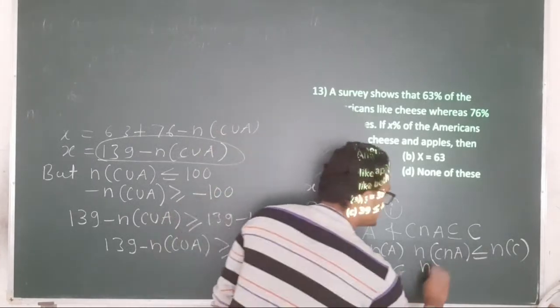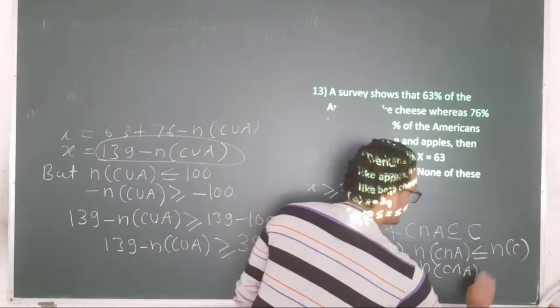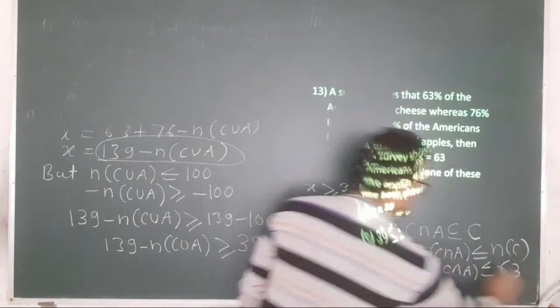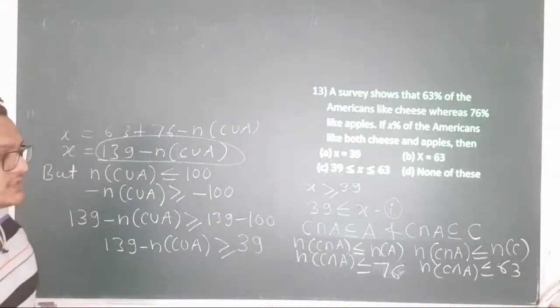Whereas n of C intersection A is less than or equal to 63.